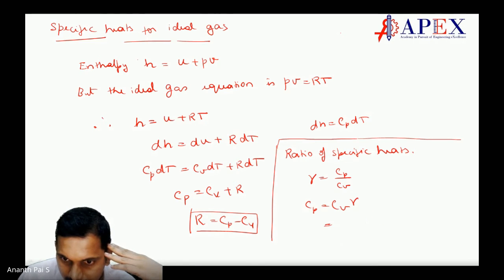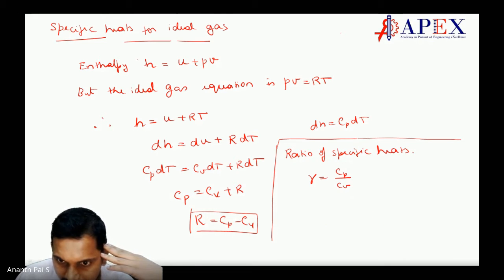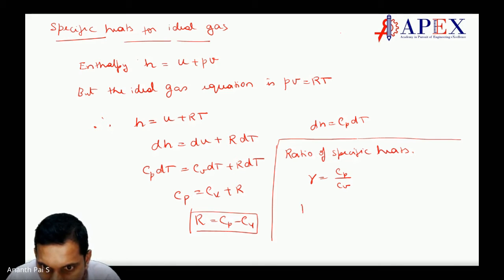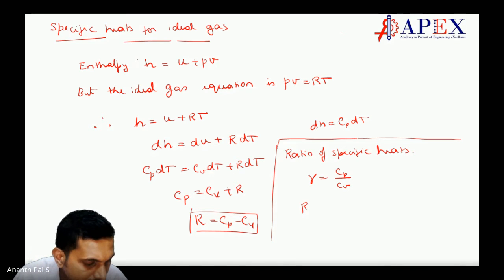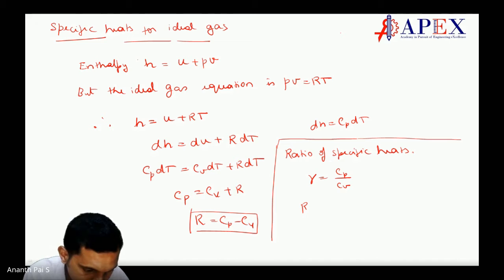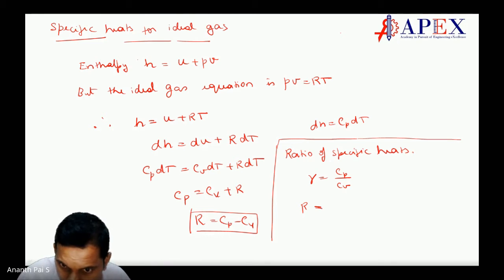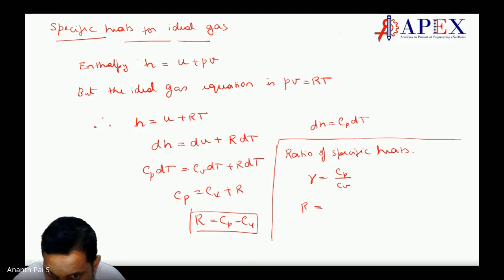Okay, so now gamma is equal to Cp by Cv. So let us put R is equal to Cp minus Cv. One second, students. I will take Cv outside, applying it here.